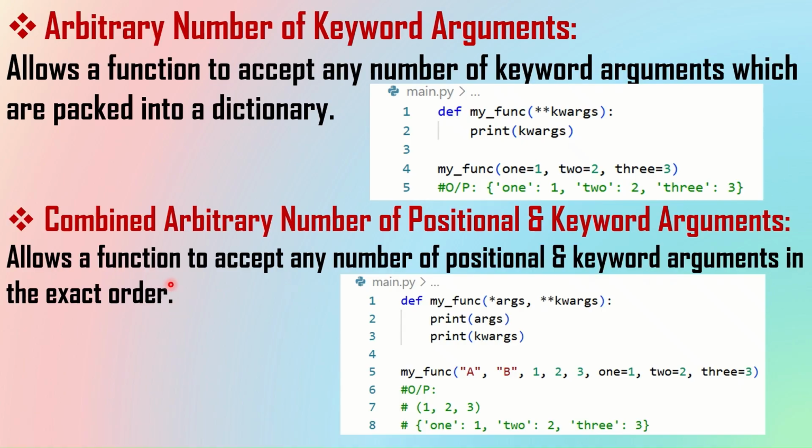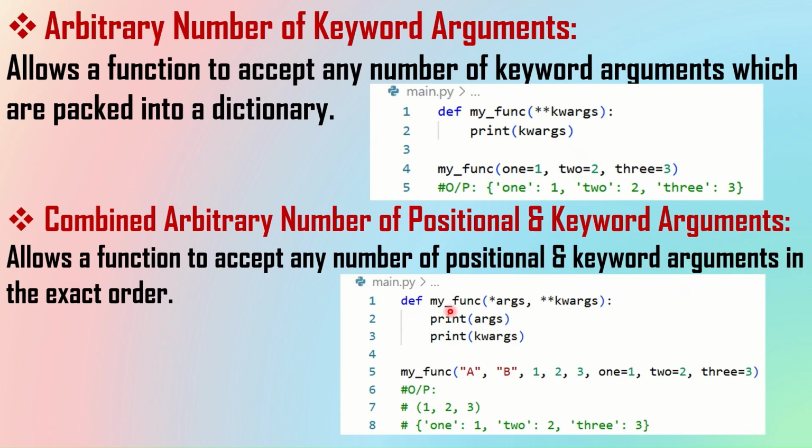That means if you define positional arguments first in the function definition, then we need to pass the positional arguments first while making a function call. Otherwise, if you mention keyword arguments first in the function definition, then we need to pass the keyword arguments first while making the function call.